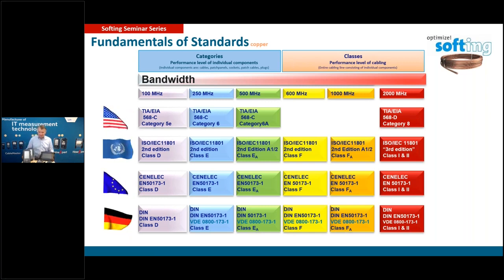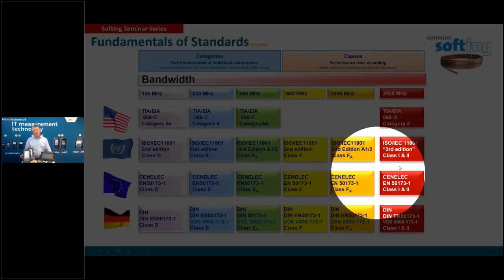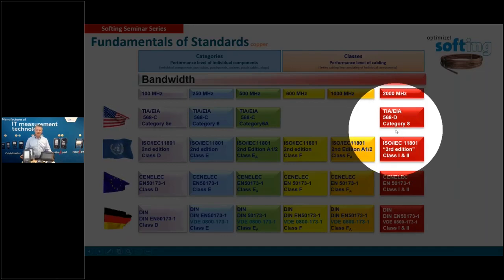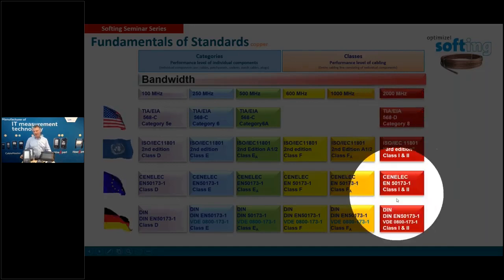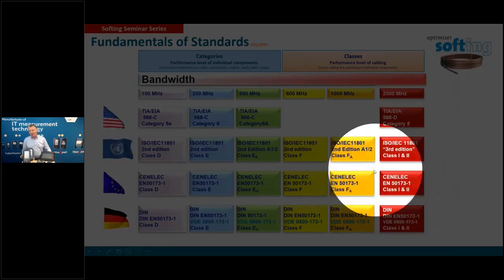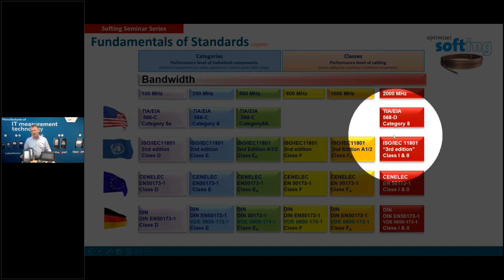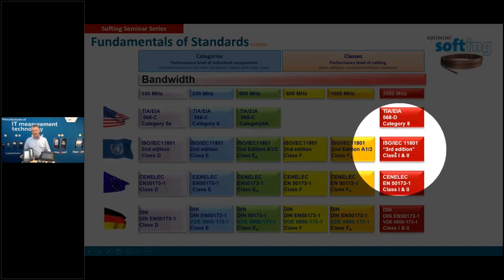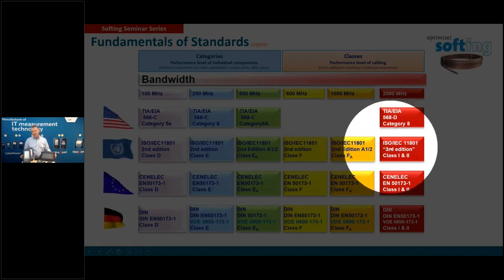Besides the new one, which is now the 2000 megahertz specification, which goes up to category 8. You can see it here on the right one. The American one also goes with the category 8 infrastructure with the RJ45 connectors, and the international and the European one split it into two classes.